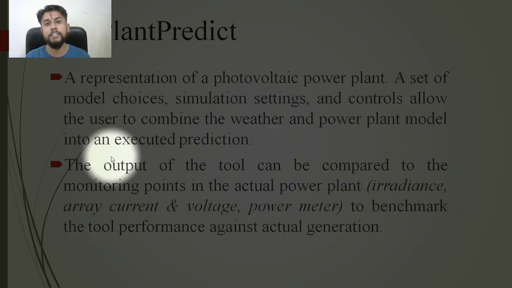A representation of a photovoltaic power plant is a set of model choices, simulation settings and controls. This allows the user to combine the weather data and power plant model to execute the prediction for a more realistic design for your power plant and your requirement.